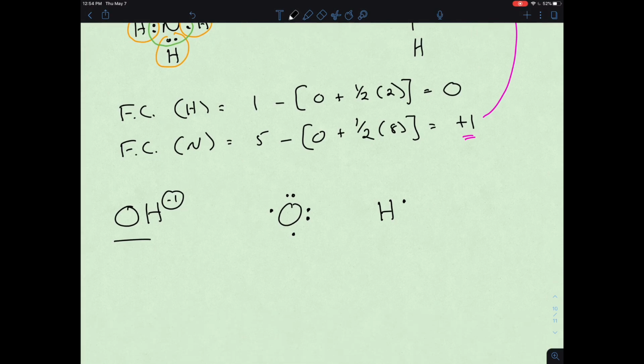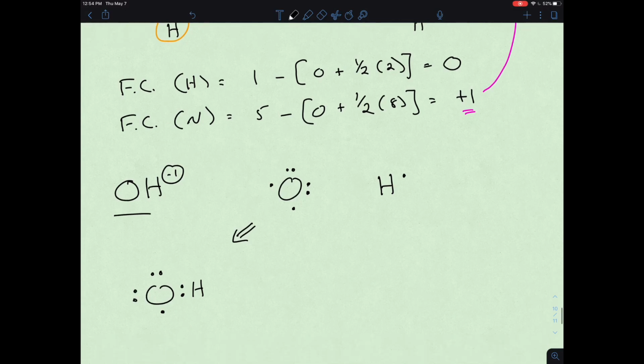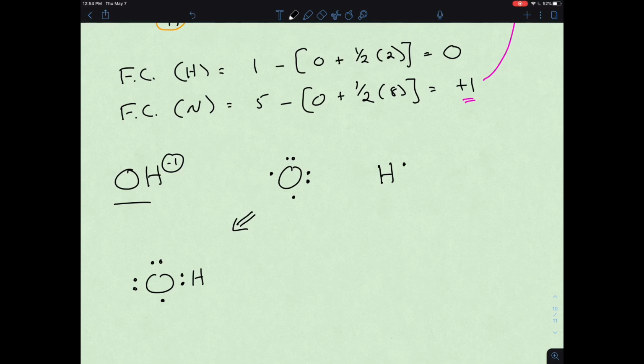In putting this together, we can easily make the one simple bond to the hydrogen atom, but we find that we're still lacking in terms of that oxygen.